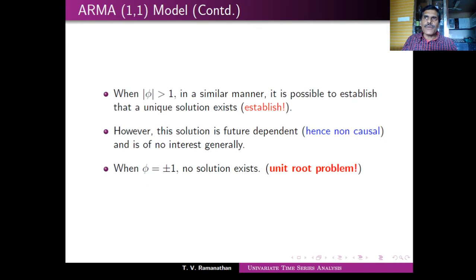If absolute value of phi is greater than 1, you can also get a solution, but then the solution is not causal, in the sense that it is going to depend on the future. Like what happened in the AR case, the same thing is going to happen in the MA case also. So you get a non-causal solution. Then when phi is on the boundary, when phi equals plus or minus 1, actually no solution exists for this particular sequence.